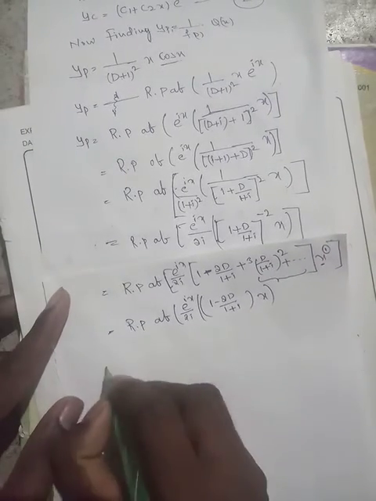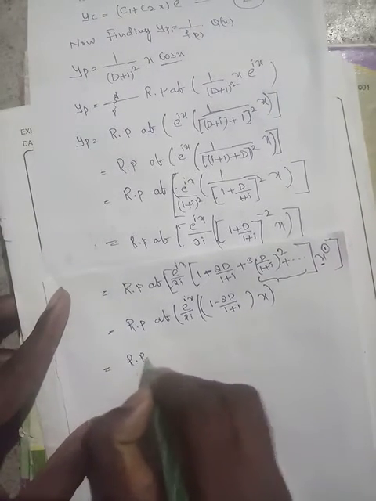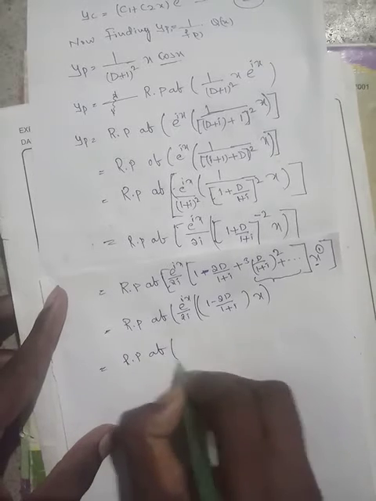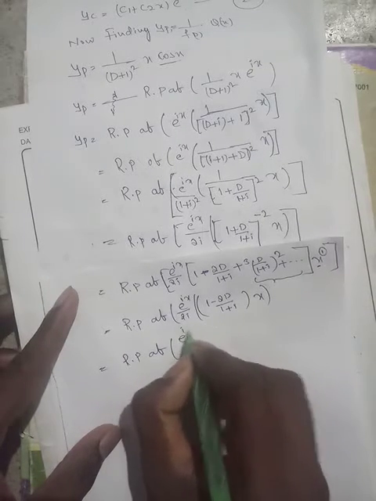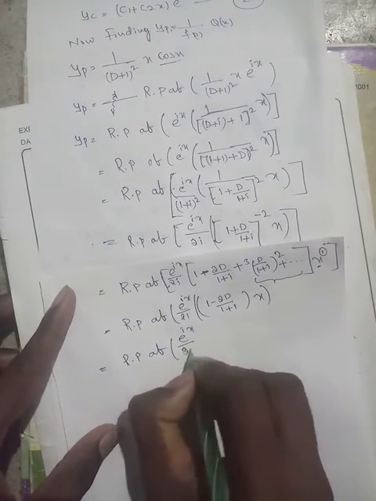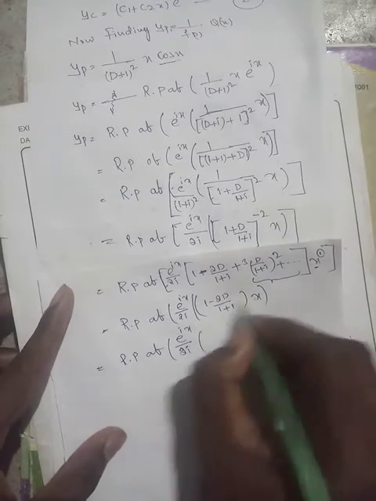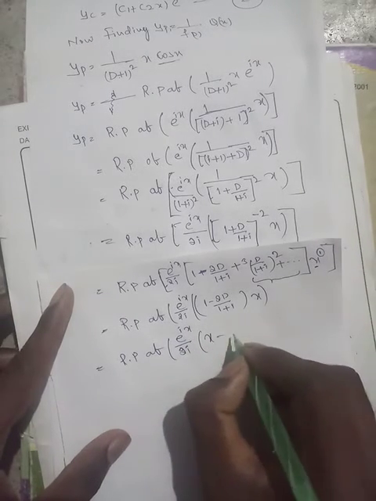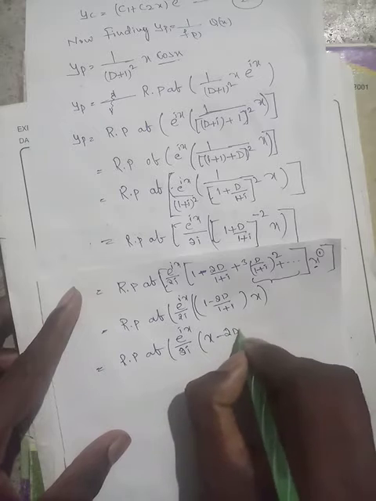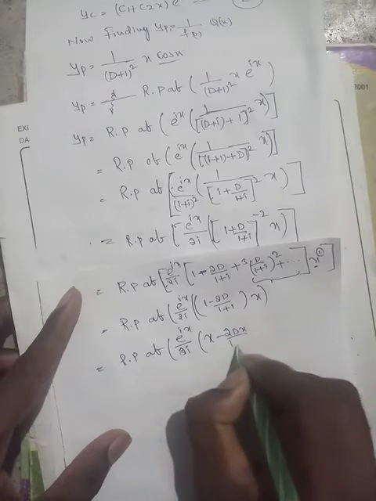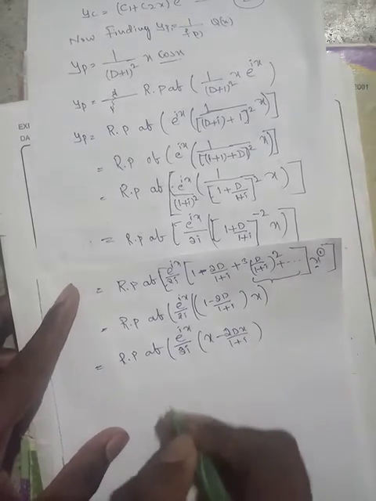See, here the real part of e power ix by 2i, same as it is, I am multiplying this. What I will get here is x minus 2dx by 1 plus i.